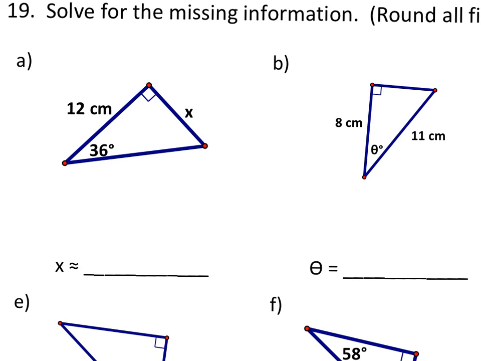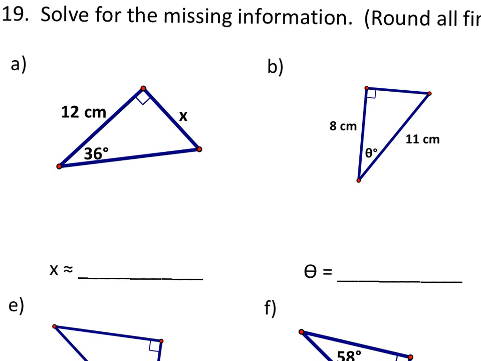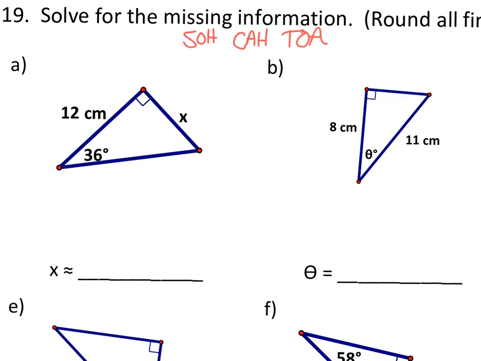For these trig problems, we're using SOHCAHTOA. So labeling the missing sides here from the 36-degree reference angle, x is the opposite side, 12 is the adjacent. So opposite and adjacent, O and A use tangent. So tangent of 36 is equal to x over 12.